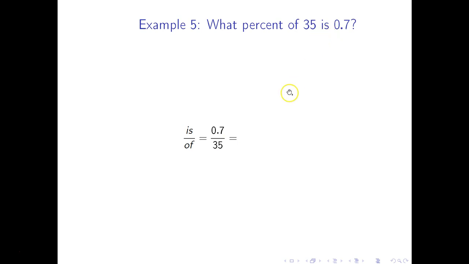Now we do the division, grab a calculator and divide it, and you'll get 0.02, but we need to change that into percent form, which is 2%, which makes sense when you stop and think: 2% is a really small amount, but 35 wasn't that big to start off with.